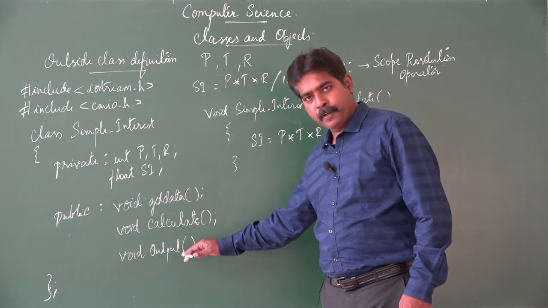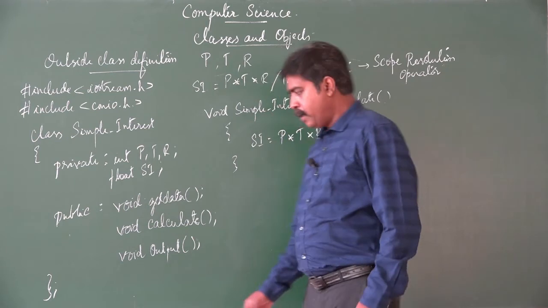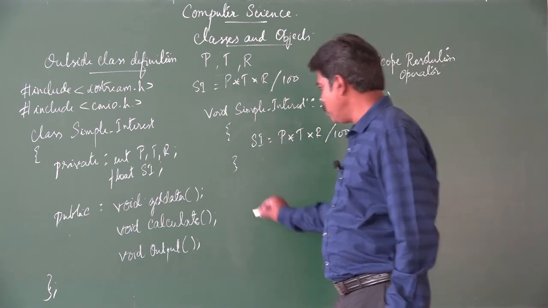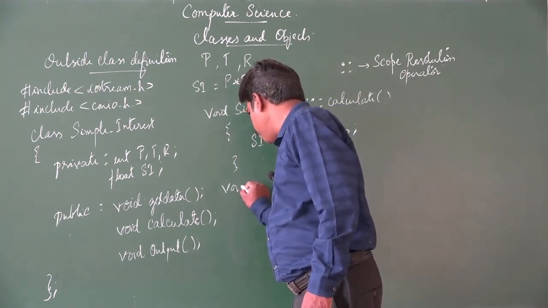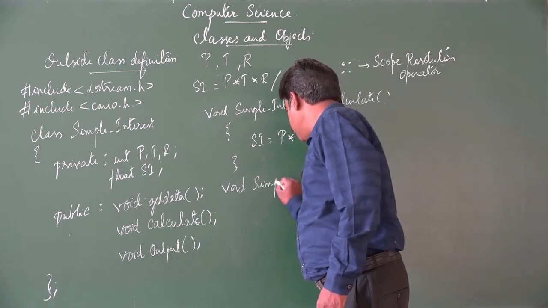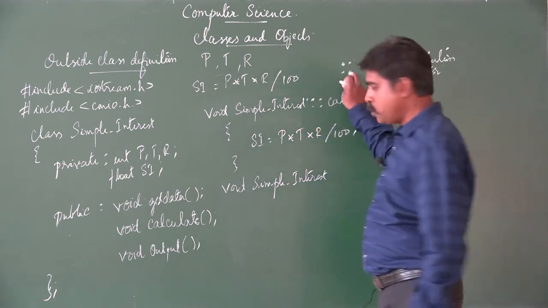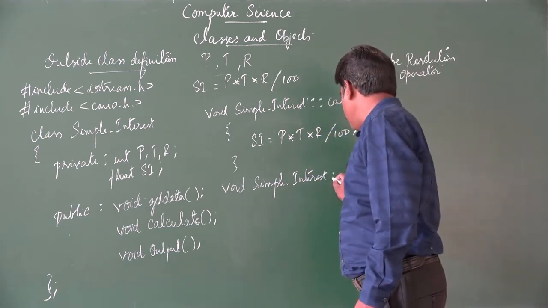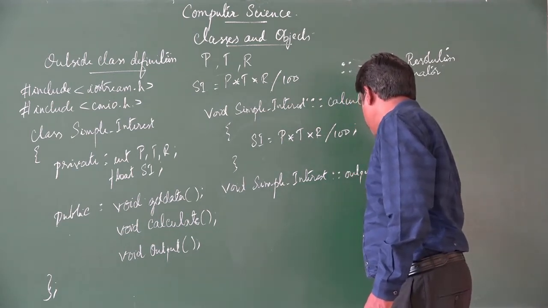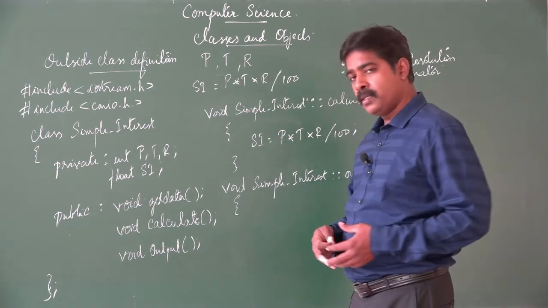The next member function is output, written under the public access specifier, so we write it as an outside class definition. I write void again, then the class name simple_interest, then the scope resolution operator, then output, the member function name. Output function brackets, open a flower bracket. Here we are going to print the output.